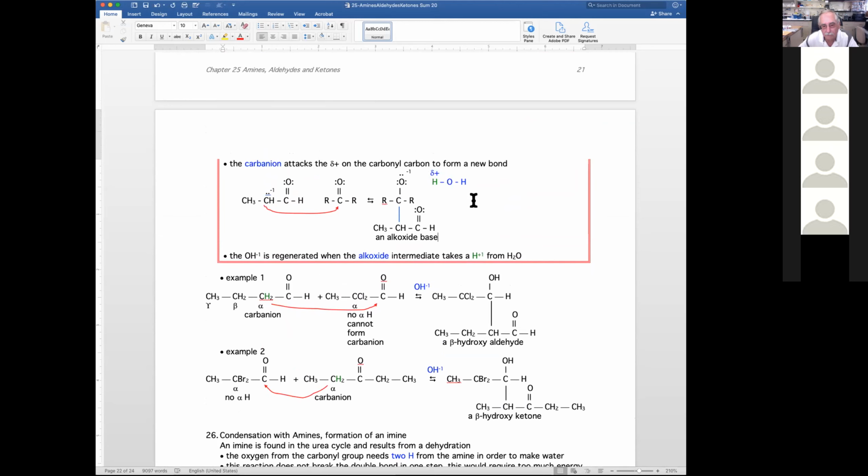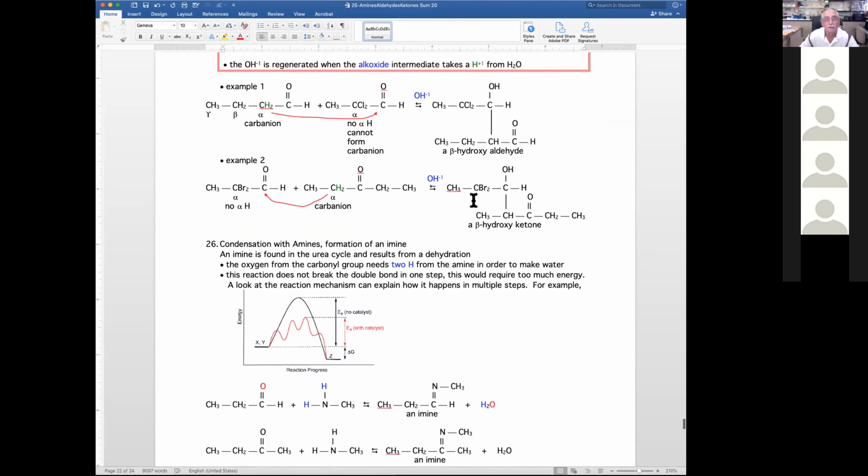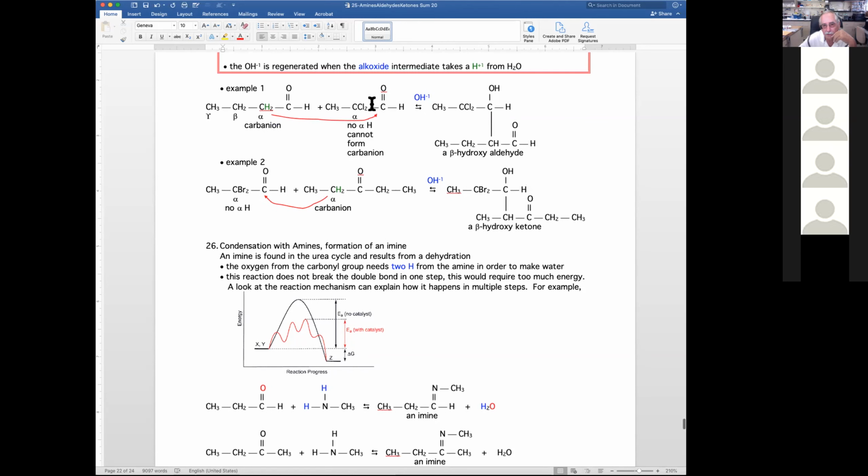So let's do an example. I'm looking at this carbon right here. I'm seeing that hydroxy group. That hydroxide ion is the key that tells me that I'm looking for alpha hydrogens to take off. None over here, none over here. Look how hairy.